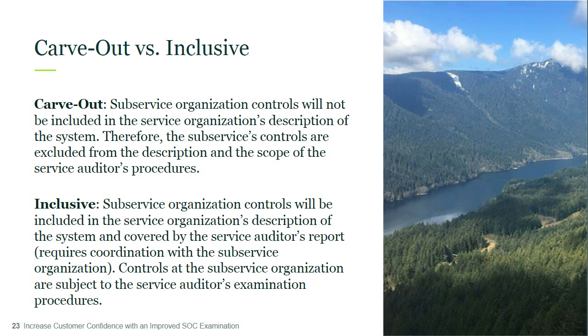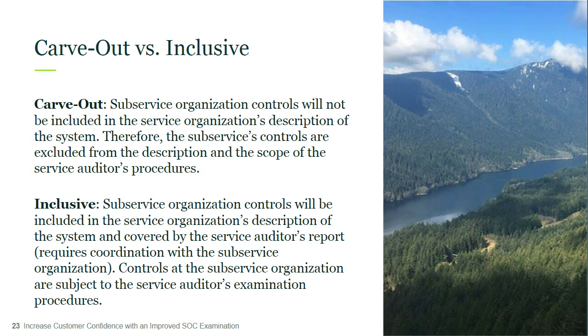And so it would be up to the reader to go out and oftentimes obtain that SOC report from the subservice organization and read it and determine whether or not there are exceptions within that report that will impact their control environment. Now, conversely, the opposite of that is called the inclusive method.